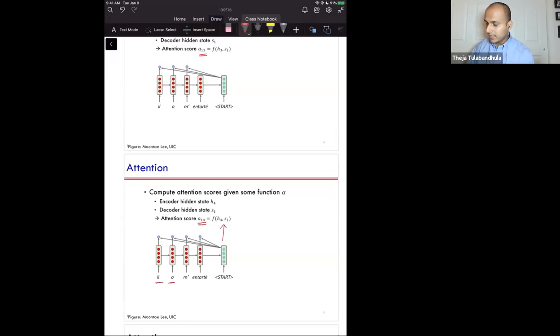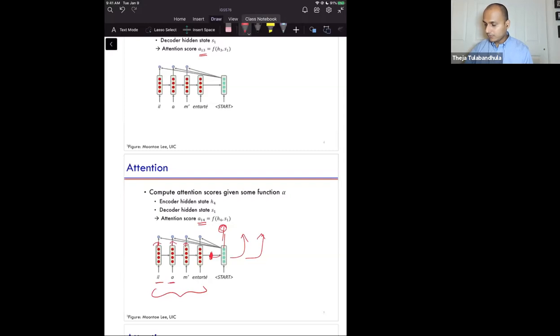In the previous versions of our solution, the encoder was constrained to produce a single fixed dimensional vector, whatever the length of my input, long sentence or short sentence, and then use only that information to start producing output. Instead of that, we're going to go back and see what the hidden outputs were and use them to figure out the current output.